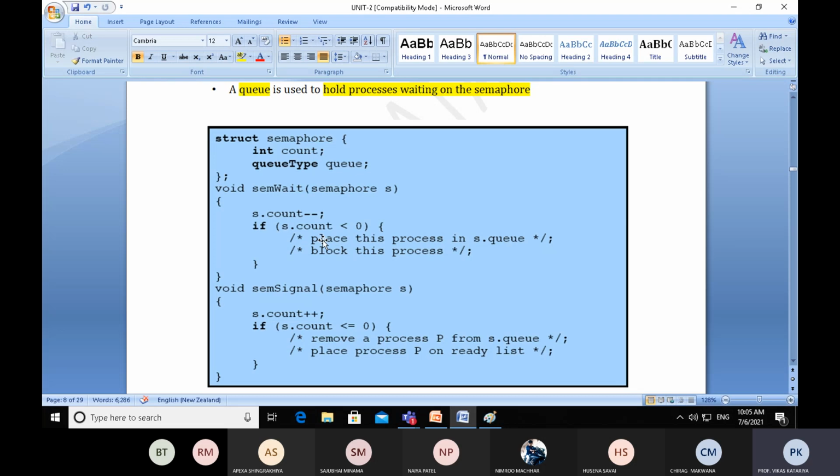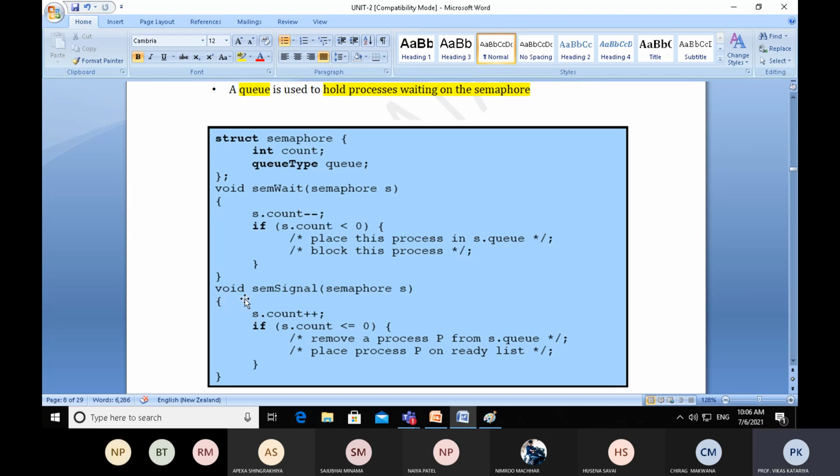In order to handle or hold the process, we are using the data structure Q. That's why we have to declare a variable Q of type Q type, and queue type is a built-in structure in the operating system. So this is the end of the procedure. Now you understand how the seam wait function is called by the semaphore.